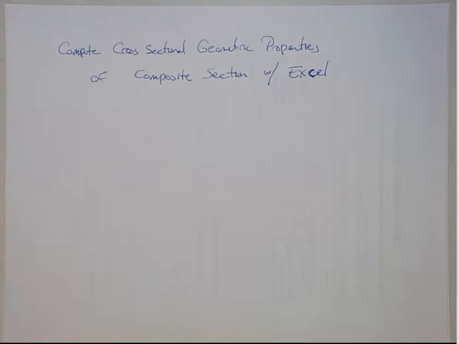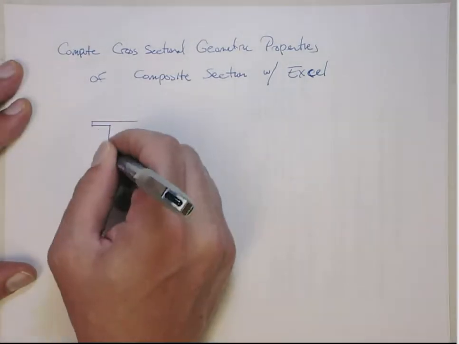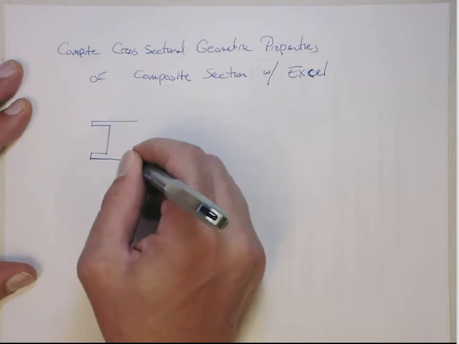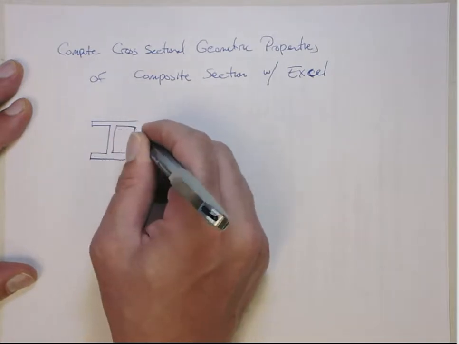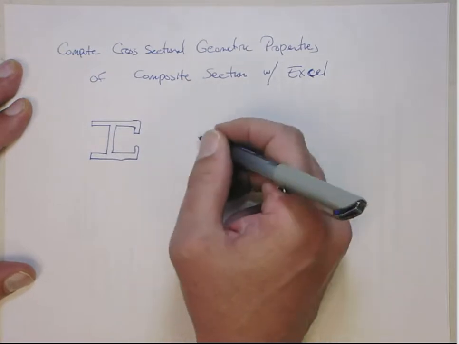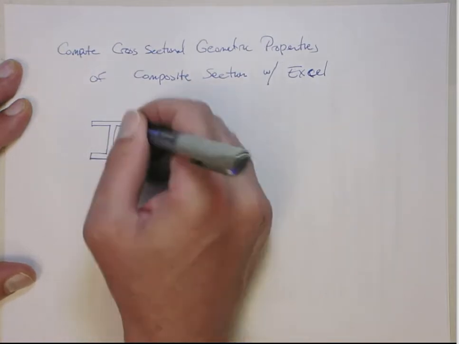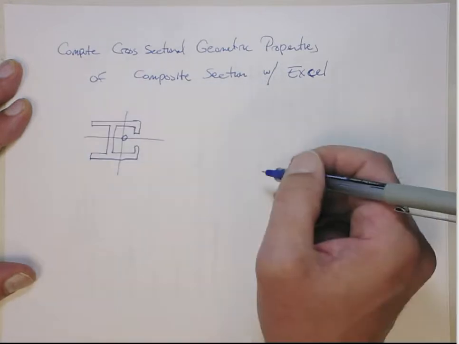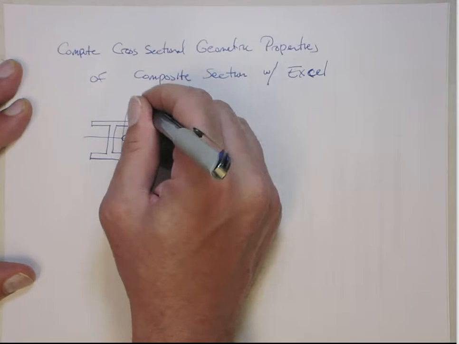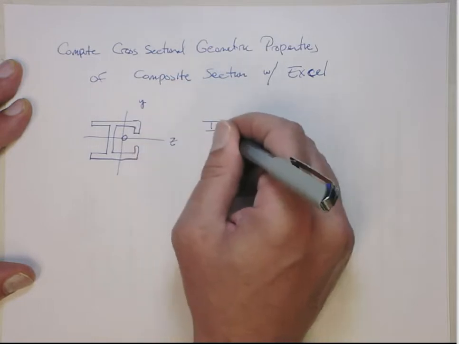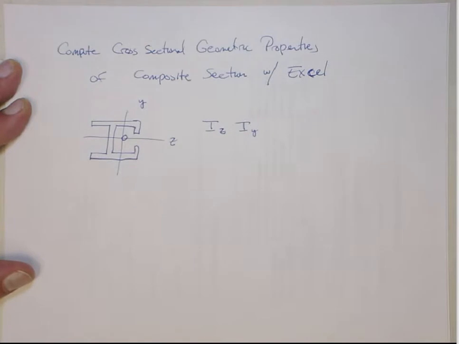This actually becomes the most tedious thing about this: you have various types of channels. Maybe they have little details on them, and you have to compute in general the centroidal locations so you can determine the neutral axis, and then you actually will need to be able to compute the second area moments around those axes.